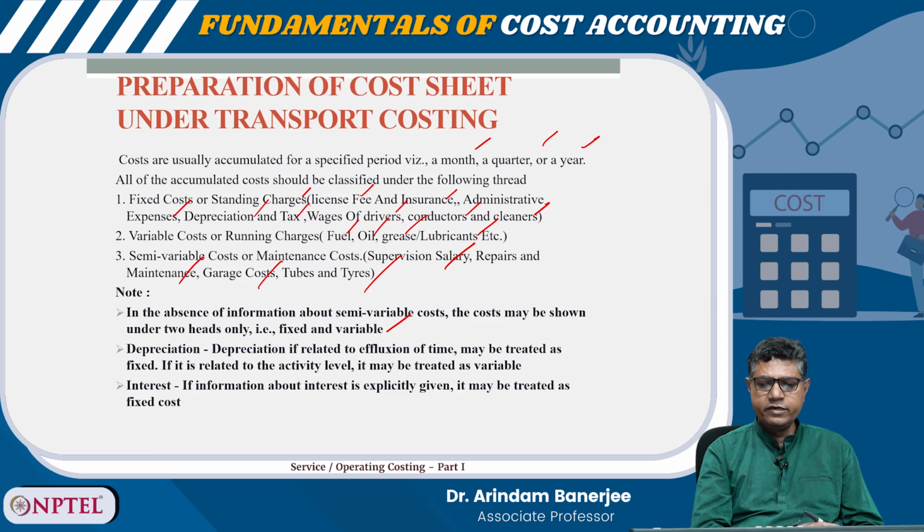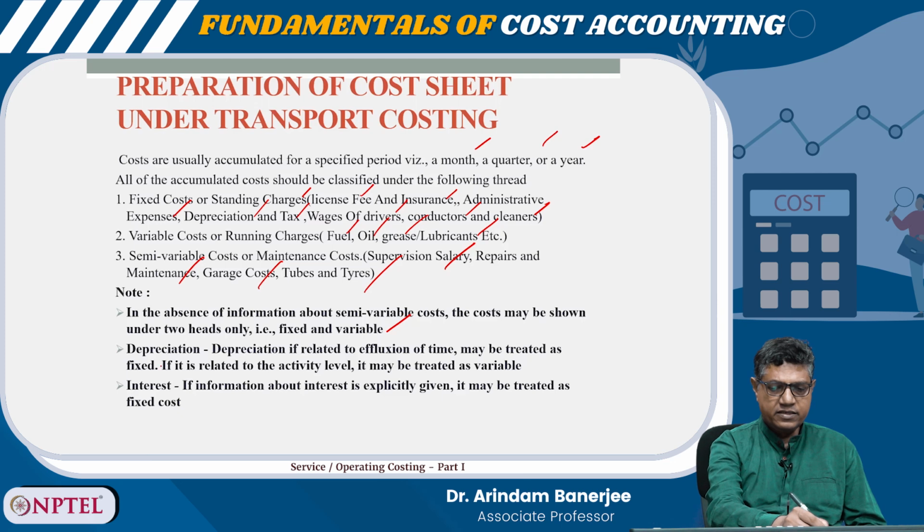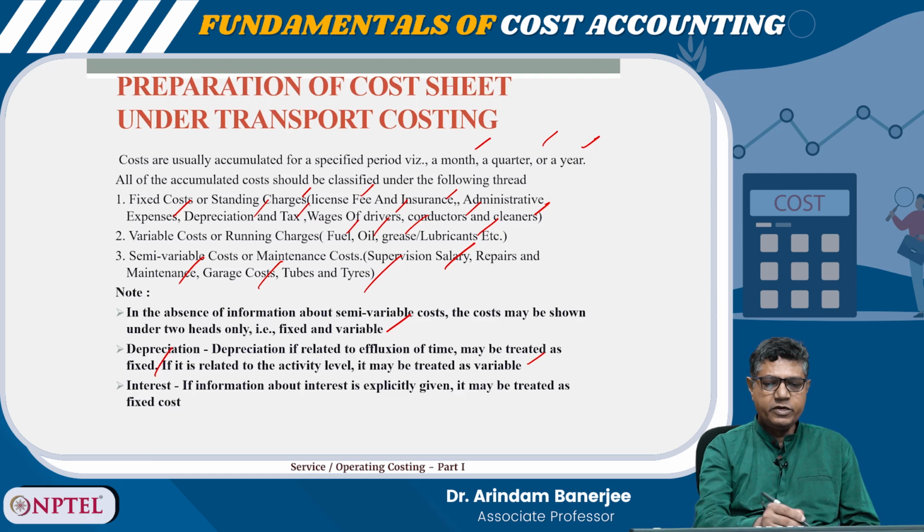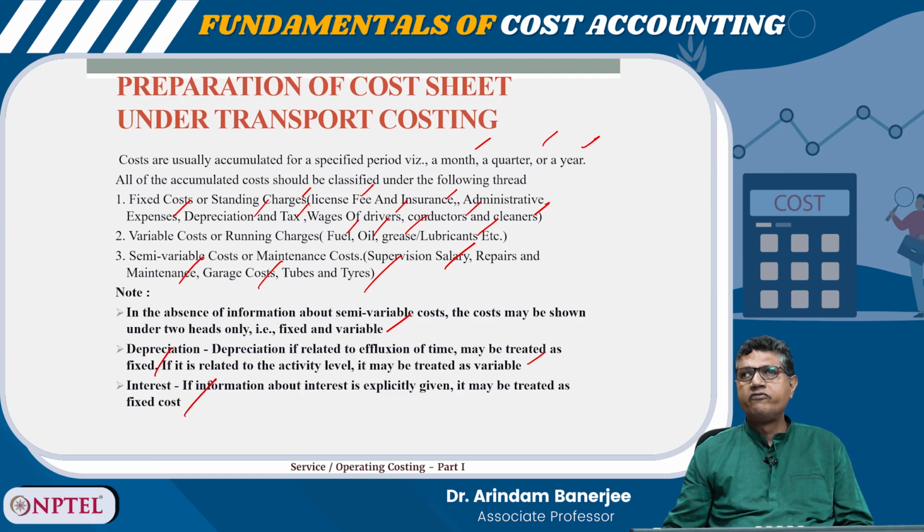Depreciation, if related to effluxion of time, may be treated as fixed. If it is related to the activity level, it may be treated as variable. Interest, if information about interest is explicitly given, may be treated as a fixed cost.